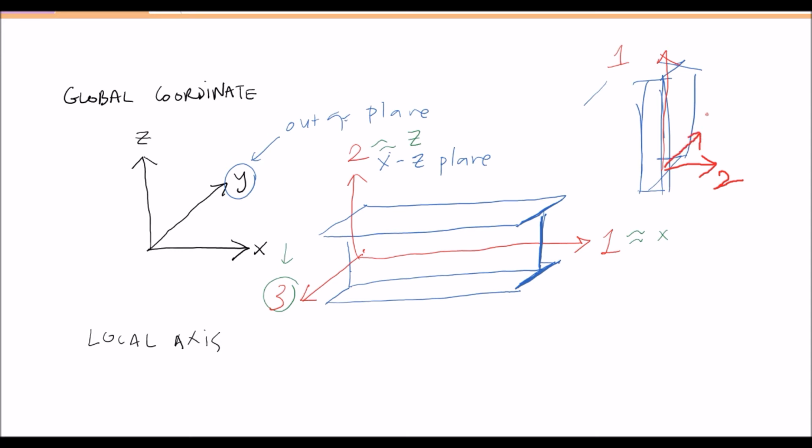So 3 is always out of plane. Columns are a little bit different: 2 is your x, 1 is your z. Axis 1 is always along the longitudinal length of the member. So this is called the local axis.